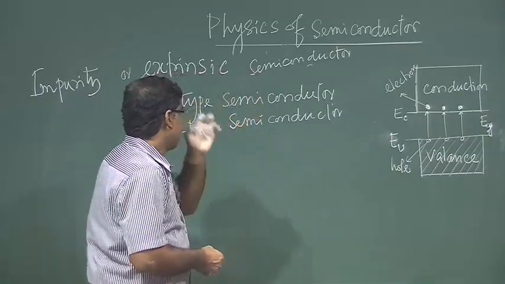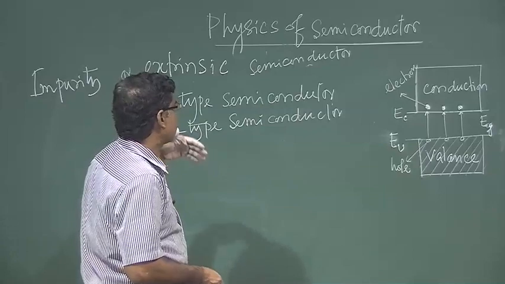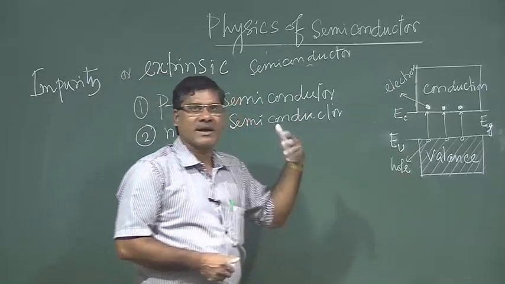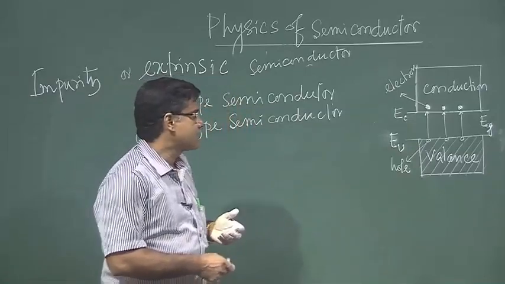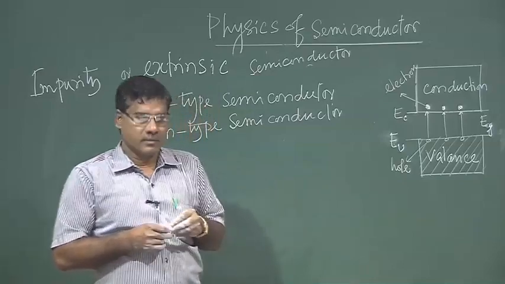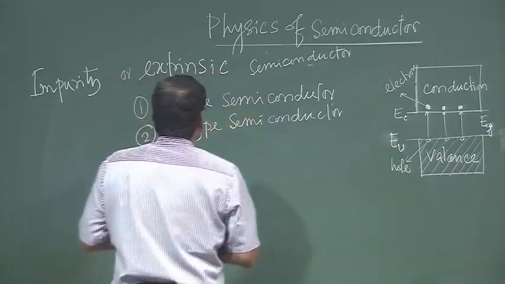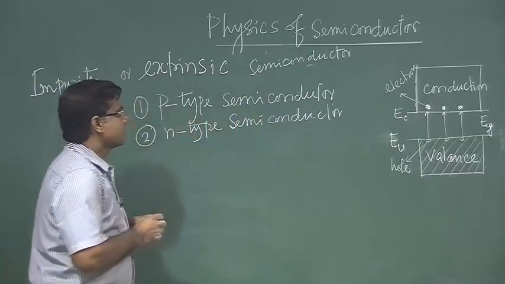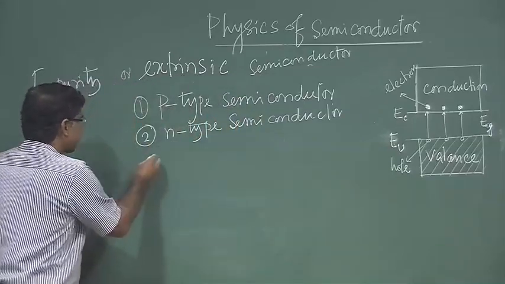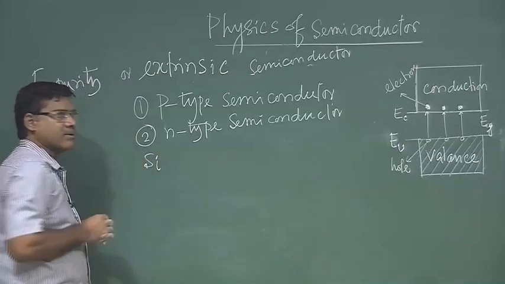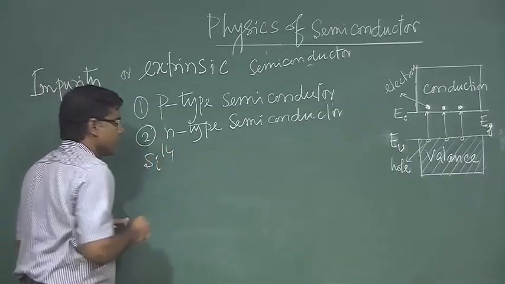So that we can control when the concentration of carriers changes in the system, we can control the electrical property of this semiconductor, right. In the case of silicon, it has 14 electrons, right.